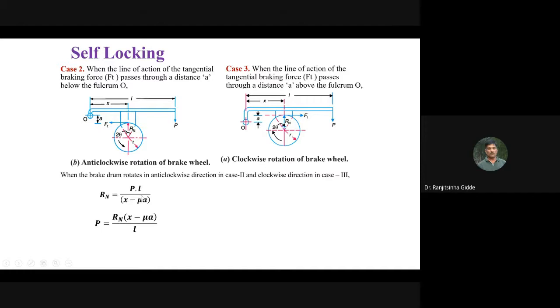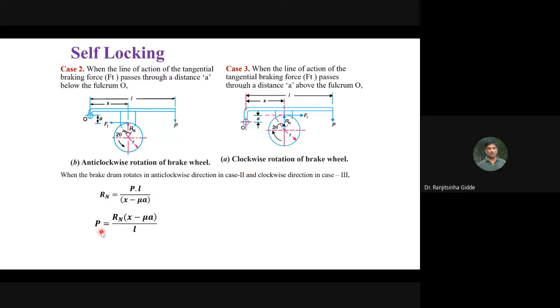From these two cases, this Rn is equal to PL upon X minus mu A, and this normal reaction is same when the fulcrum is above the line of action of the tangential braking force and the drum is rotating anti-clockwise, and when the fulcrum is below the line of the tangential braking force and the drum is rotating clockwise.